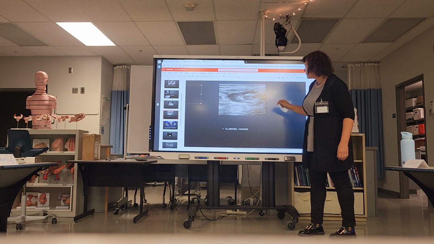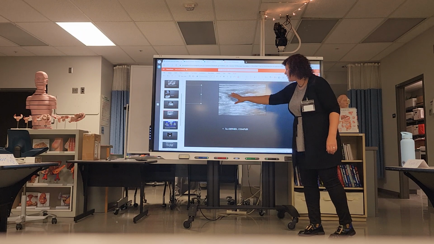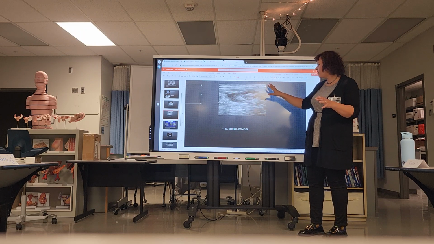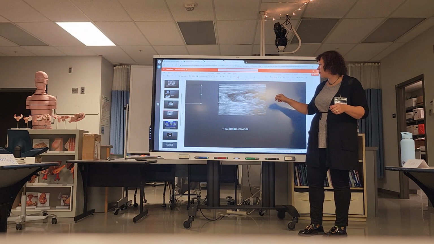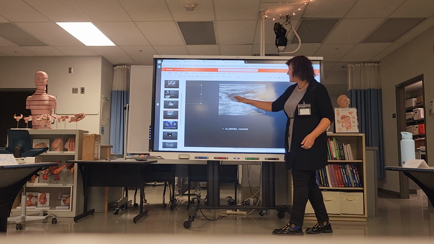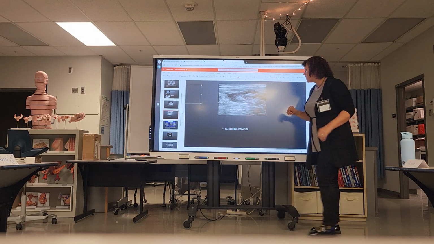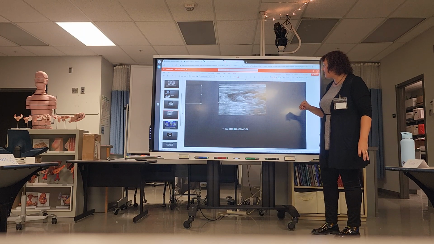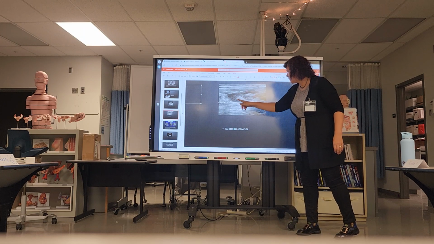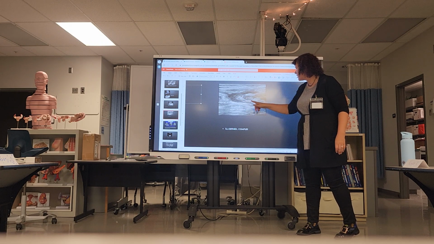No one fluid collection ever looks the same. But what happens is it infiltrates into the surrounding structures. They're normally very ill-defined, and this is definitely complex. You see how heterogeneous it is?